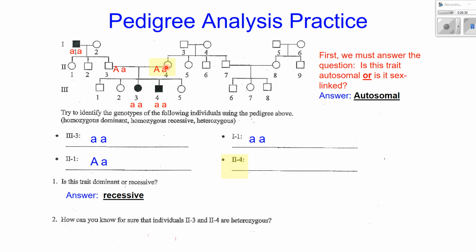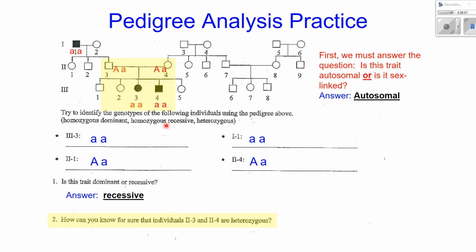But I know there has to be a little a because look at this kid and look at this kid. Anytime you have a child that's little a, that means dad has to have a little a and mom has to have a little a. So I know the big A is right because it's not shaded in, and I know the little a is right because of these kids right here.